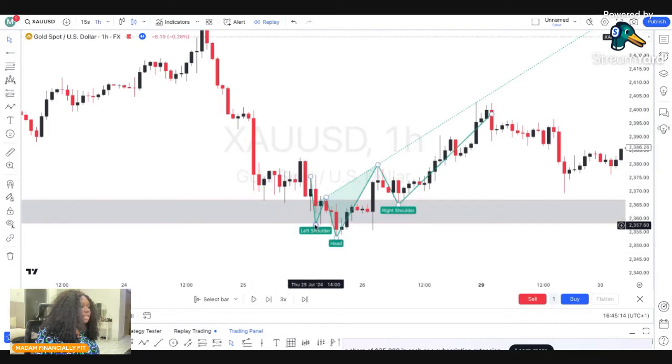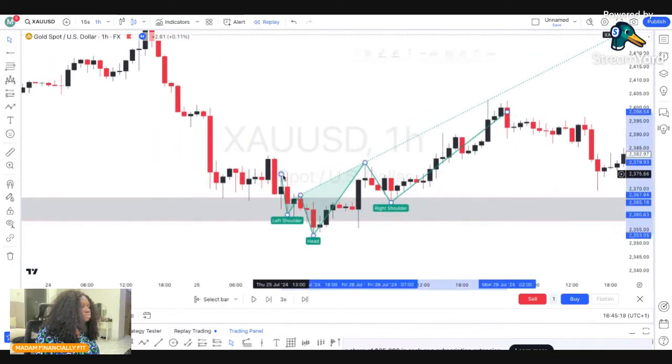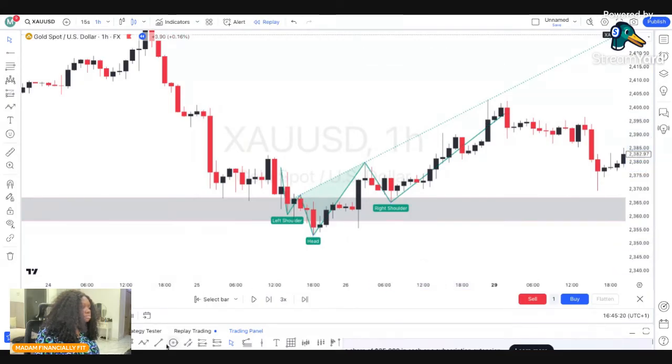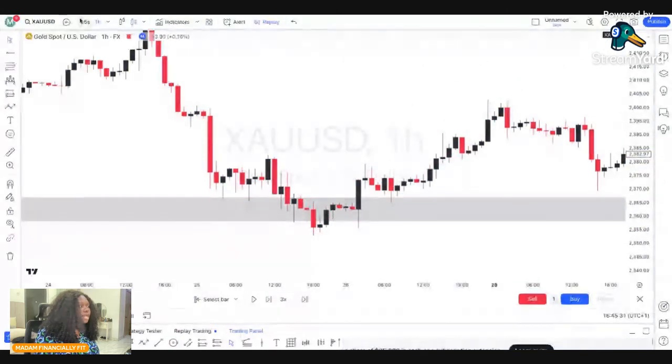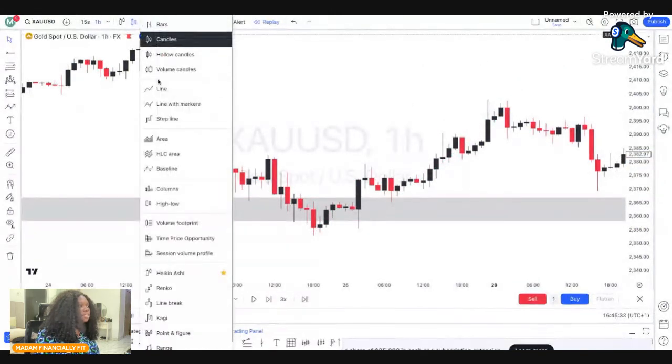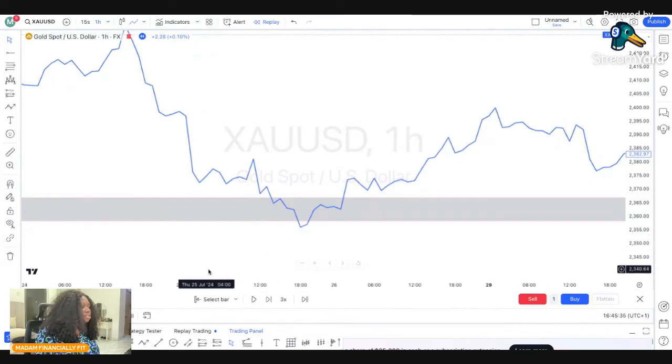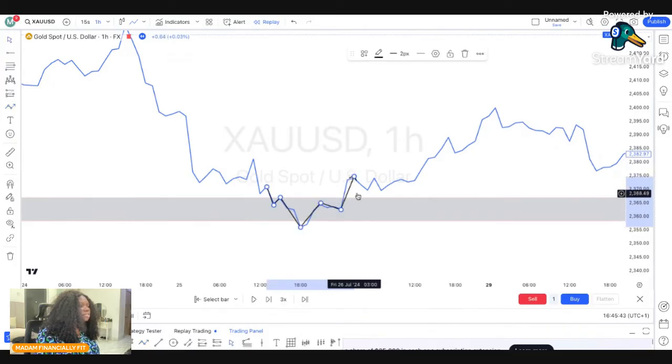Now let me show you guys something. Left shoulder, pull back, head, pull back, right shoulder. Now, if you're not very good at spotting this with candles, you can turn it to a line chart so you can see it. Look at it, it looks so clear. You see your head and shoulders.